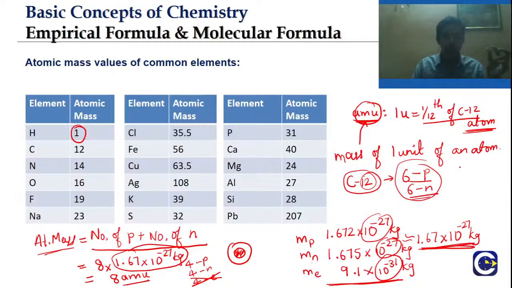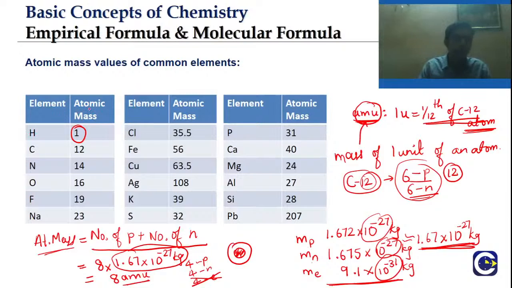So totally there are 12 units in carbon, and the weight of 1 unit will be 1/12 of 1 carbon atom. Because 12 units are there in that, I have to divide by 12 to get weight of 1 unit. That's how we define atomic mass unit. Clear?